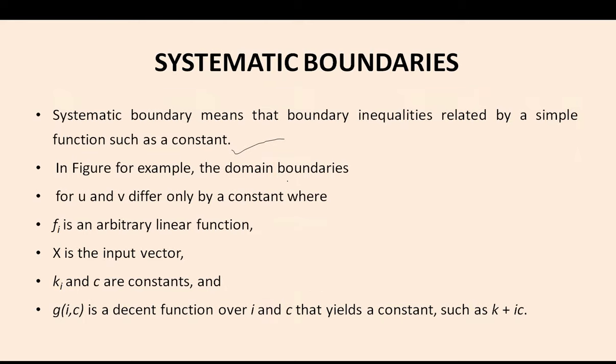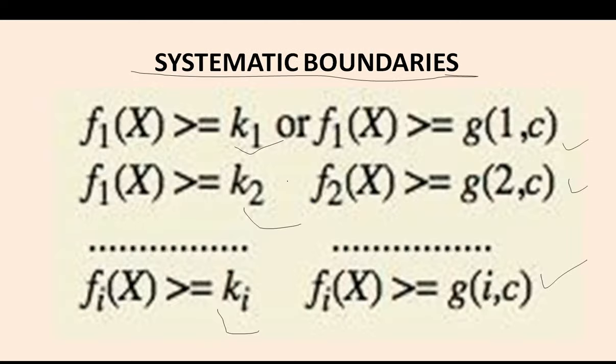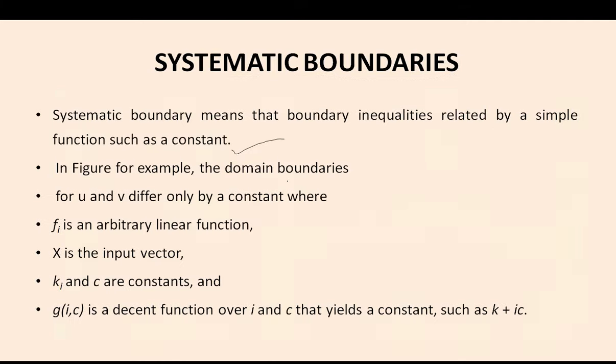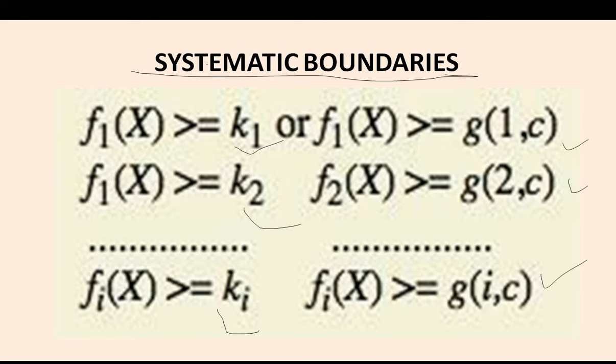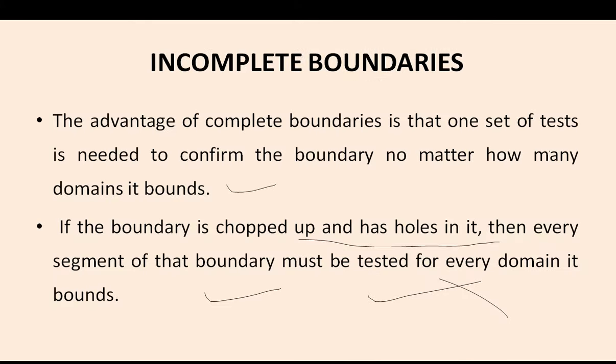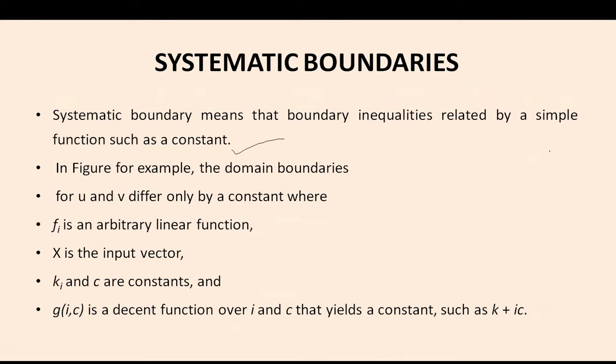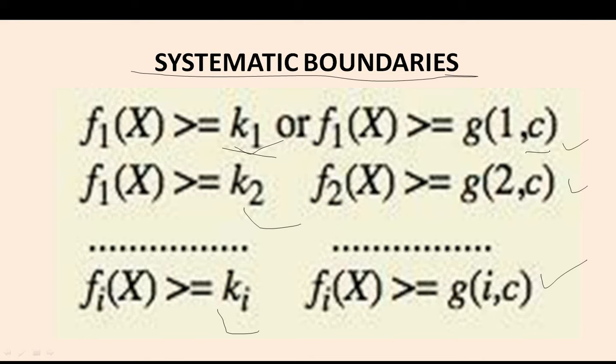Fi is an arbitrary linear function, x is the input vector, and k and c are constants. K here is one constant value, and c is one constant value. And g of i comma c is a decent function, such that it can represent and uncover the inequalities by having some constants.